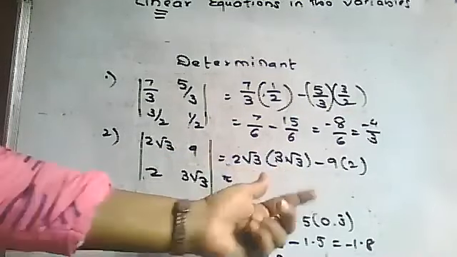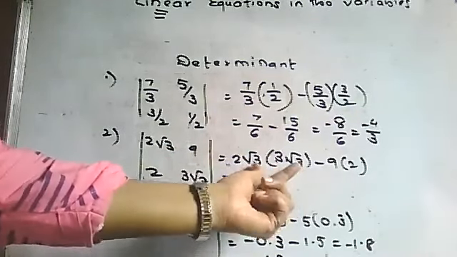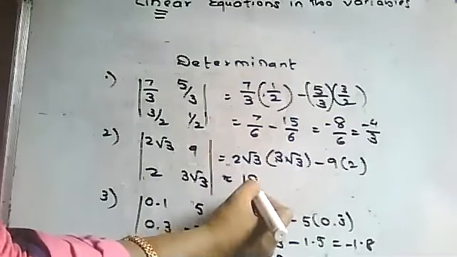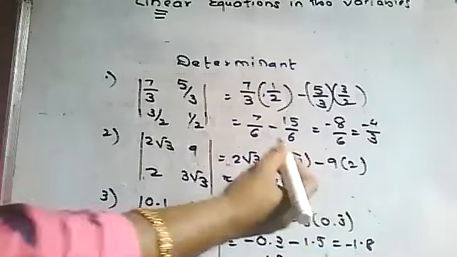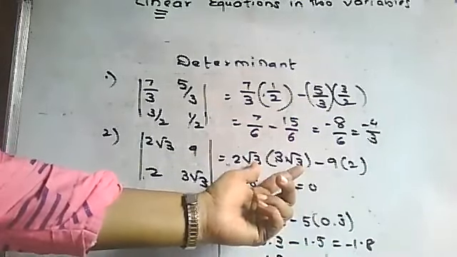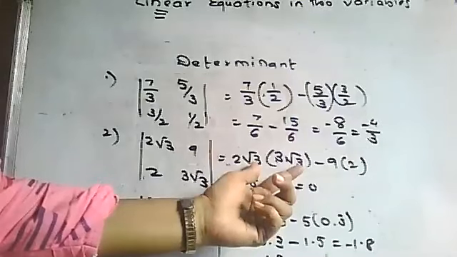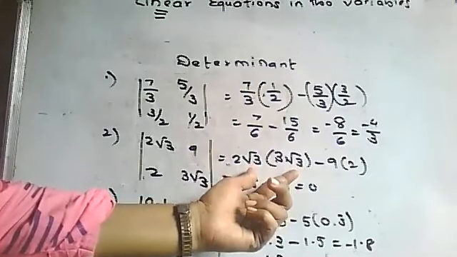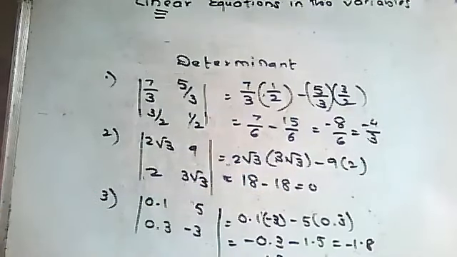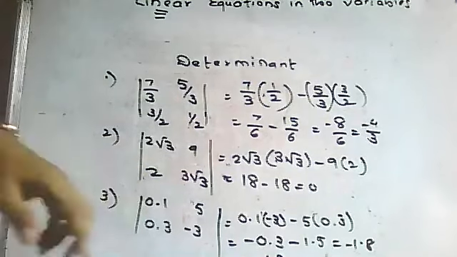Root 3 into root 3 is 3. This 3 and 3 is 9. 9 2s are 18. Minus 18 would be 0. See once again, because I can see similar roots. Yes, Ansh correct. Root 3 into root 3 is 3. 3 3s are 9. 9 2s are 18. So 18 minus 18 would be 0. So that changes your answer if root 3 is there.